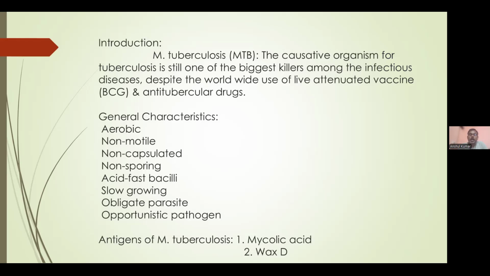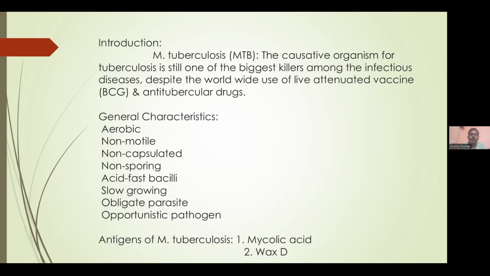They multiply or reproduce in 20 hours, in comparison to normal bacteria, which take 20 minutes to multiply. If they are cultured, it may take from a week to a month for their growth in the artificial medium.